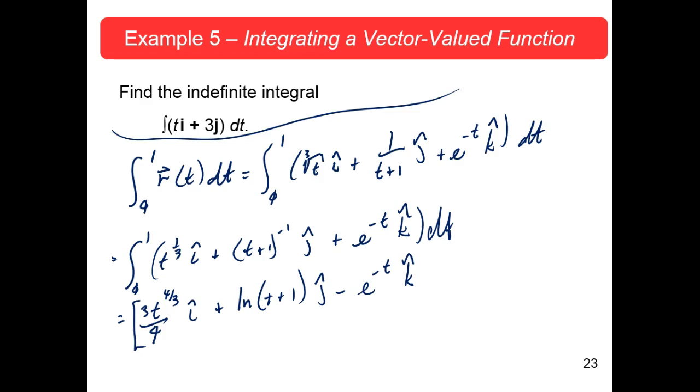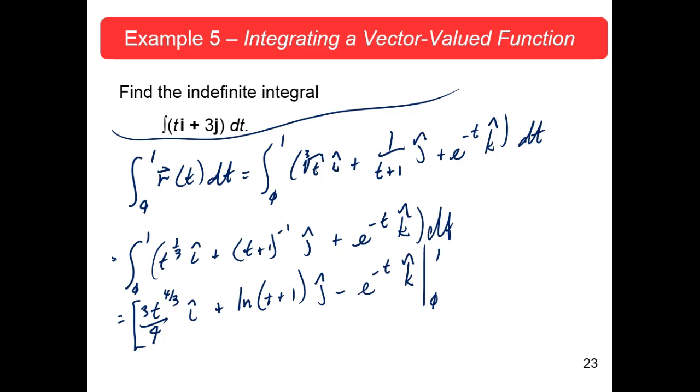And then we'll evaluate this from 0 to 1. Now be careful, because a lot of times we are used to, or I'm used to anyway, so I shouldn't speak for you, if that's a 0 on the bottom, to say, oh, that was going to be 0, and forget about it. Not so.